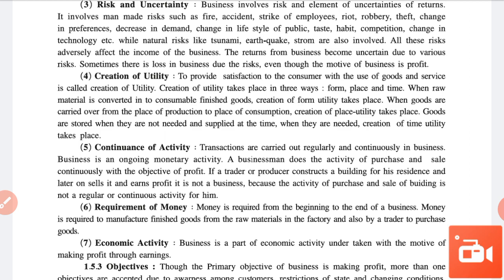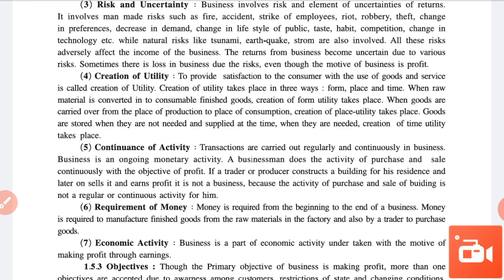But a normal trader or producer constructs a building for his residence and then sells it, so it is not called business because it is not a regular, continuous activity.